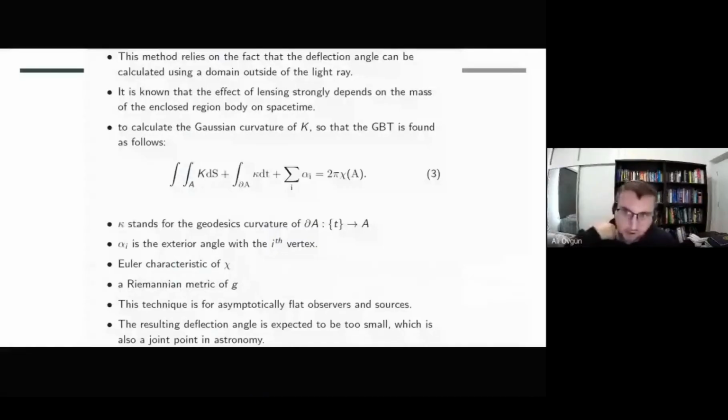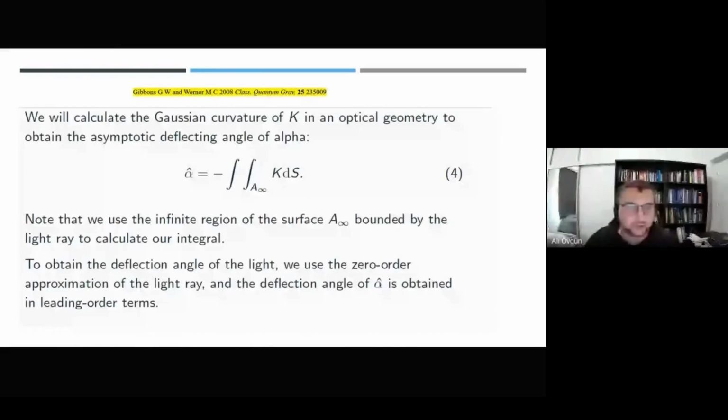The Gauss-Bonnet theorem is an important statement about surfaces in differential geometry, connecting the different geometries to their topology. It connects the intrinsic differential geometry of a surface with its topology, and this will be the main tool in our approach. Then they show that it is easy to calculate the asymptotic deflection angle using this, and it reduces to this simple form.